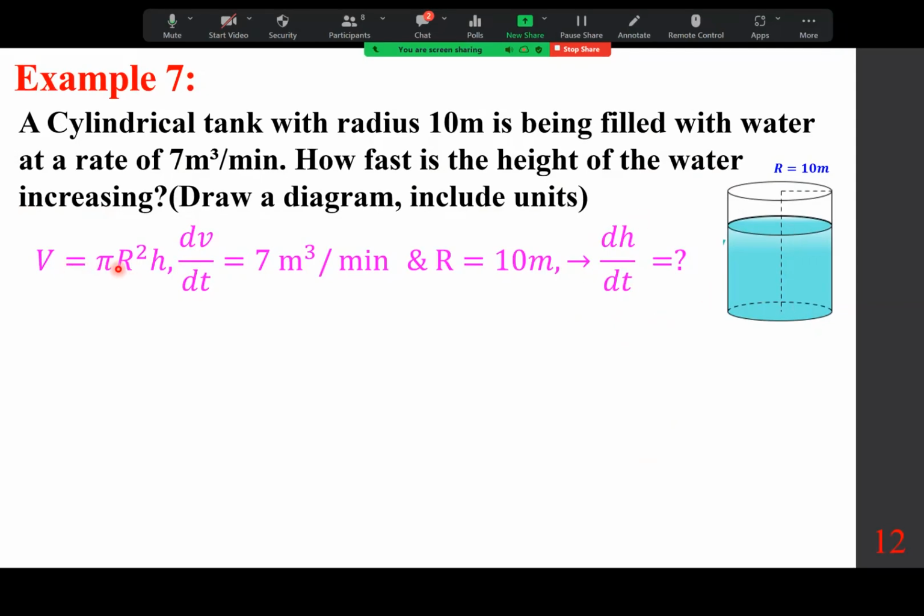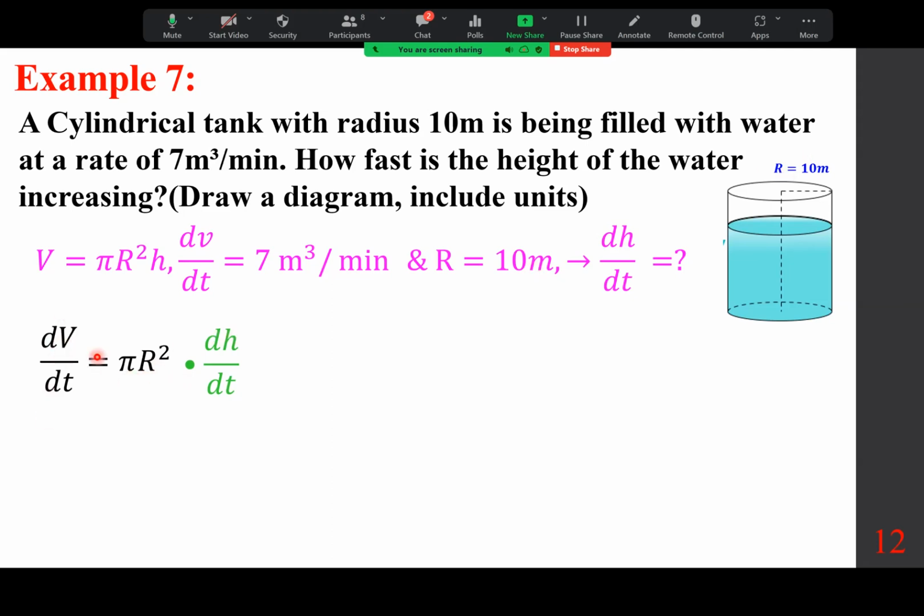Now we want to differentiate this. We want dv dt. Pi is a fixed number, so is r at 10. You can keep those two. So dv dt becomes pi r squared, because those are numbers, times dh dt. And now we're going to replace all of them. Again, the reason this is not changing, it's fixed at 10.